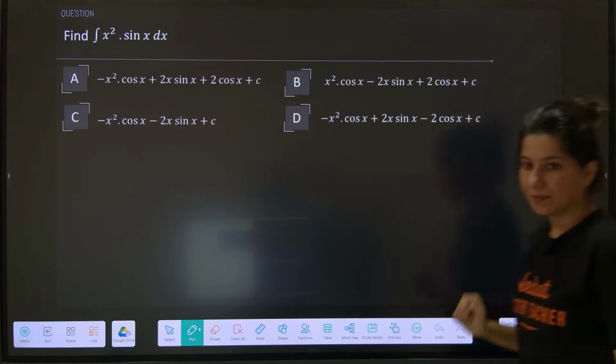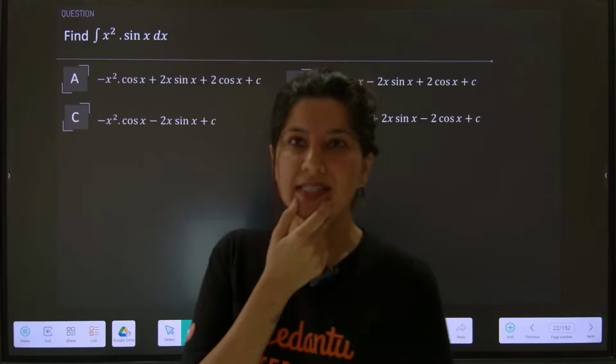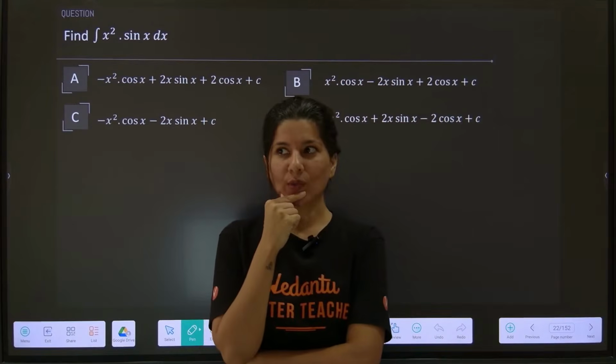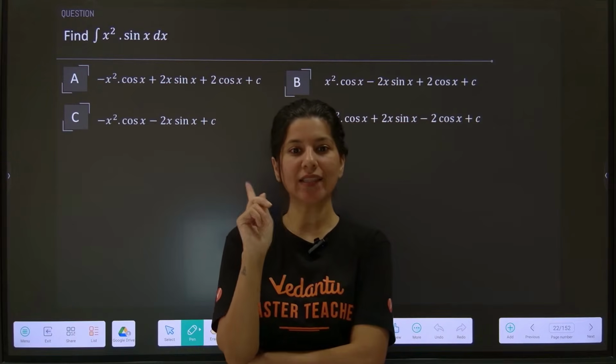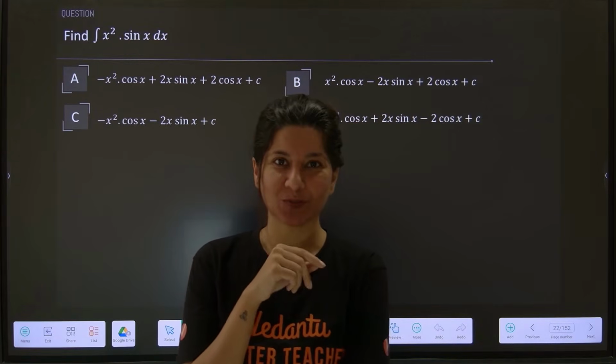Now this question. Sometimes what happens if you apply by parts? You are going to get stuck in the same loop. See, this is out of integration also.